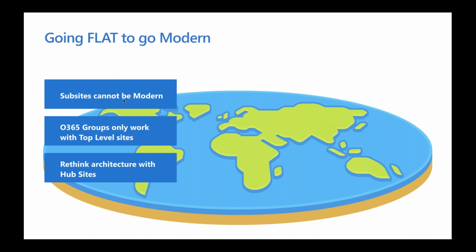And when you have that entire flat architecture, you'll have to think about where hub sites fit. A hub site is not, I repeat, a hub site is not a type of site or site template. It's a setting on an existing site collection that you choose. You can take any team site, any Office 365 group, but typically speaking, we recommend using a communication site.